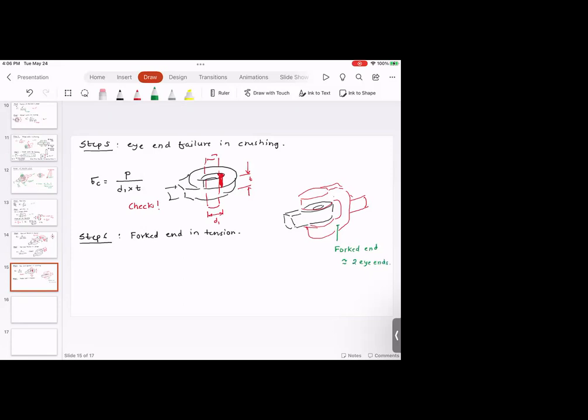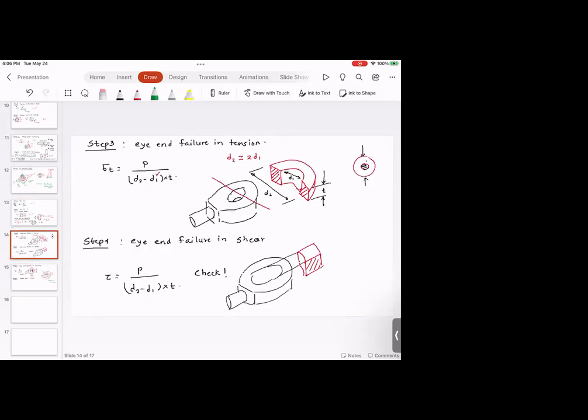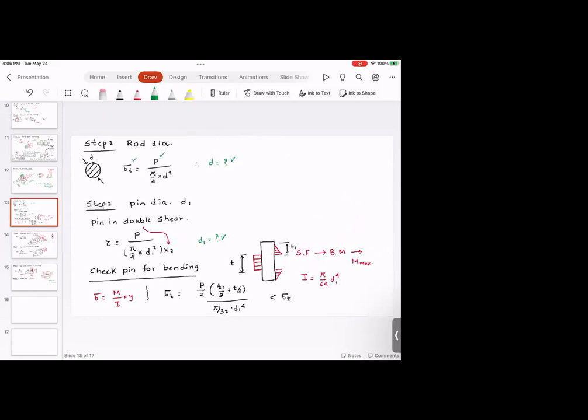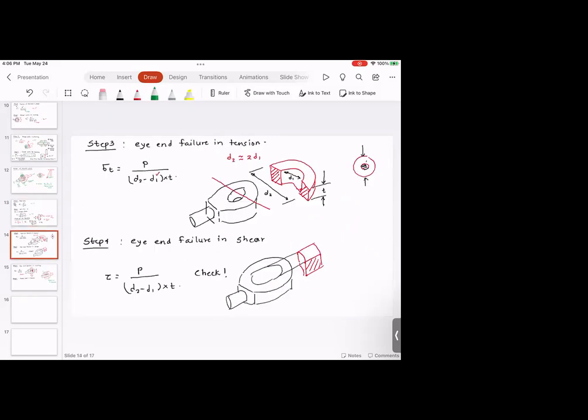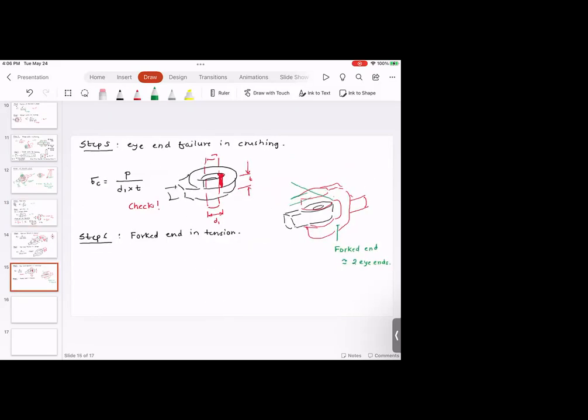So imagine that the failure that is going to happen on the eye end is the same type of failure. You would have a tensile failure, you can have a shear failure. So all these failures that we talked about over here: eye end failure in tension, eye end failure in shear, eye end failure in crushing.